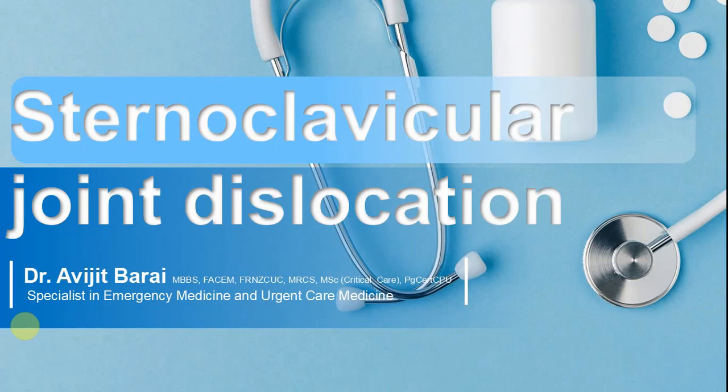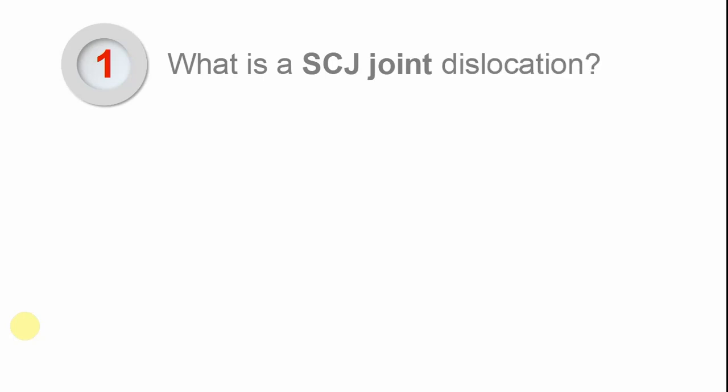Alright, so let's set some goalposts. First of all, we will talk a little bit about the anatomy, about what the sternoclavicular joint is and what the different components are. We'll talk about the dislocation and subluxation as well, and how it happens.